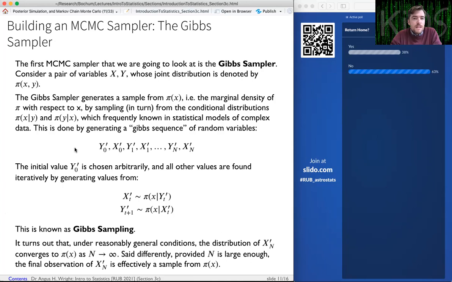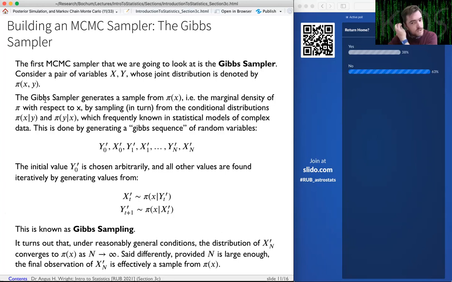We can talk about them a bit later because we're running a bit late, and I want to get through this. We're going to now build an MCMC sampler. It's called the Gibbs sampler. The way in which the Gibbs sampler works is we're going to construct a pair of variables, X and Y, and the joint distribution of those variables is pi of XY.